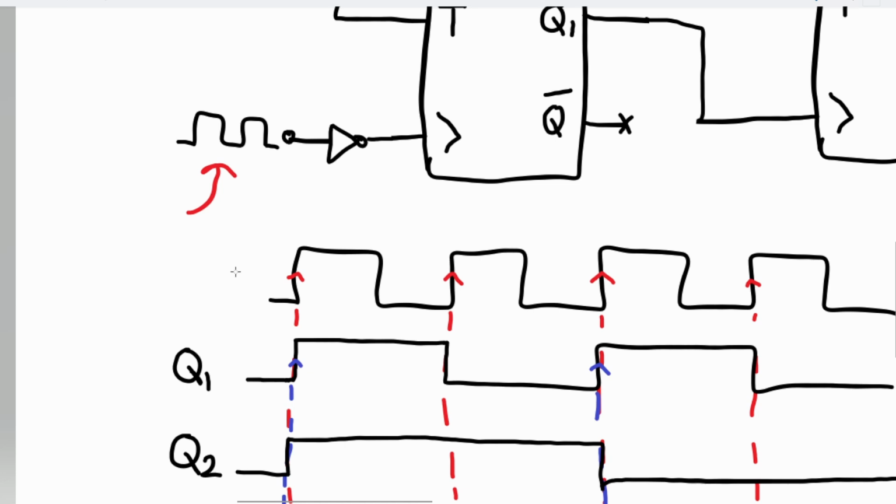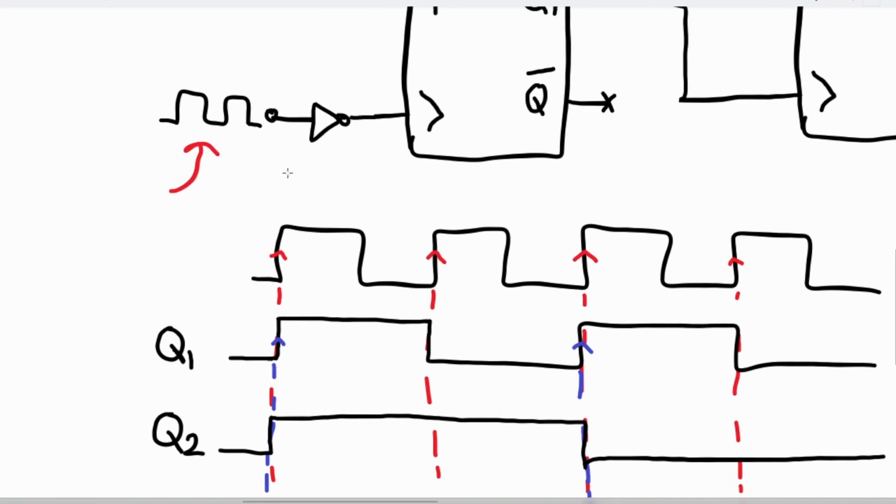If we were to send it through the NOT gate, the actual clock will be the opposite. It will be like that. And you can see all of the rising edges are on the falling edge of these ones. Yeah, so all the rising edges act on the falling edges.